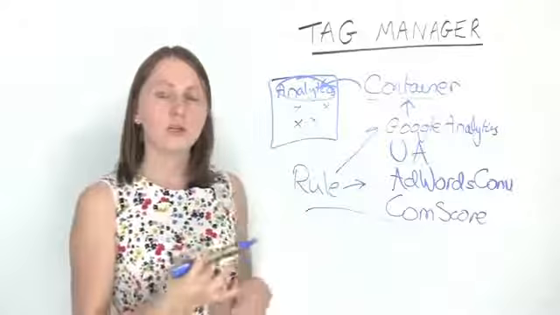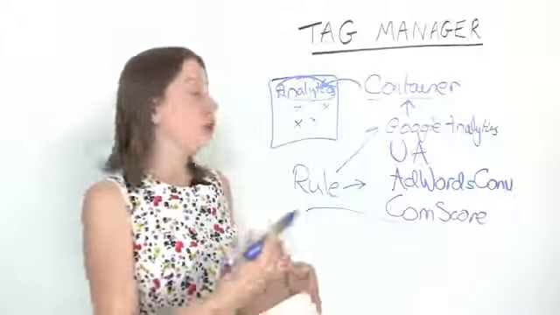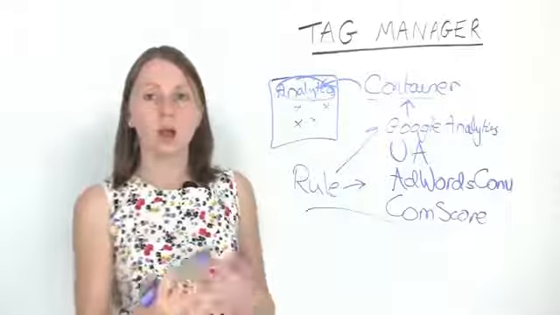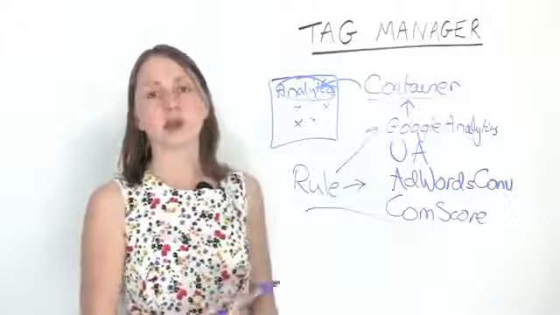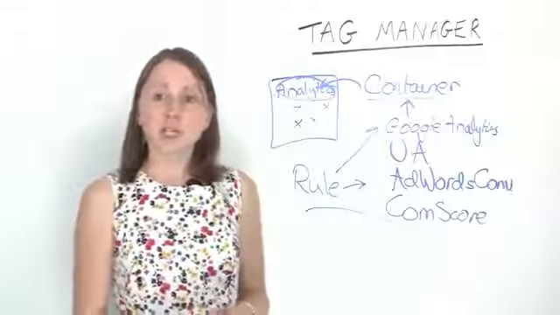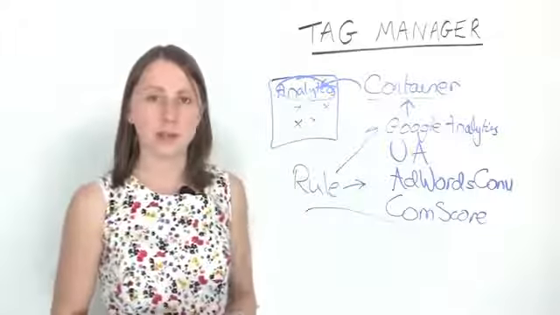So not until you've debugged it completely and you're happy with what's working and what's not, do you need to publish it. So that also makes it a lot more safe for actually updating the tracking code on the site. So that's actually quite a lot of benefits for just having a tag management implementation.